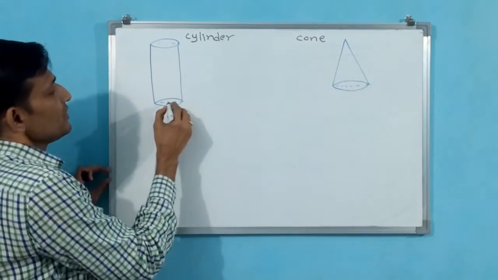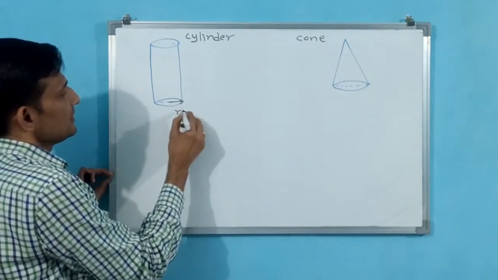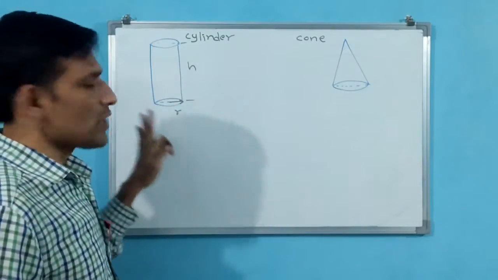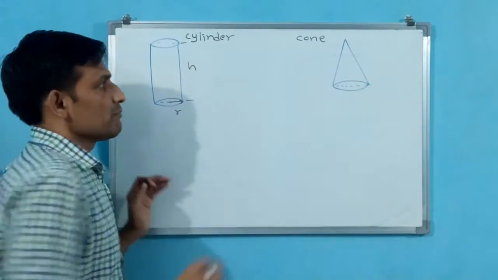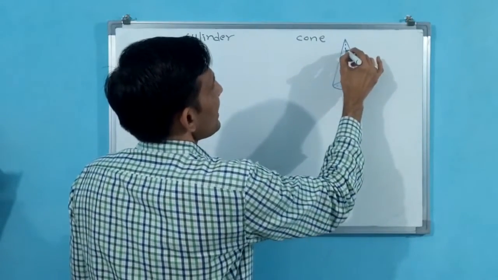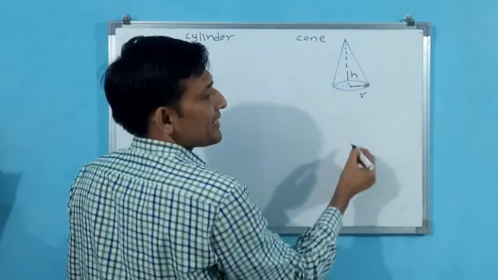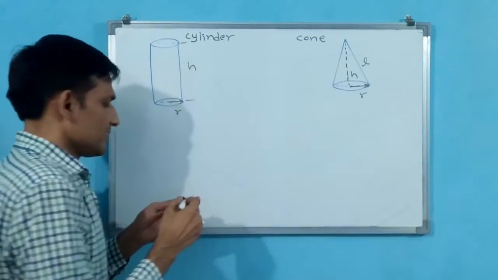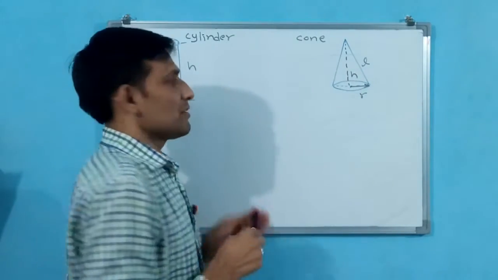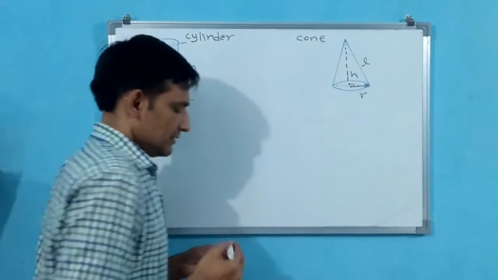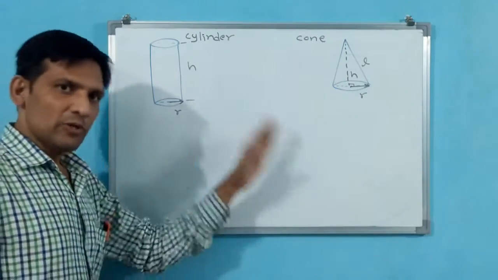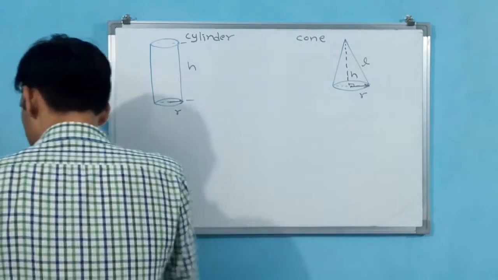Here you observe the cylinder has radius and height. Only these two dimensions they are going to give, height and radius. But the cone has radius, height, and slant height. Then what is h? H is the perpendicular height, because it is perpendicular to the radius, at a right angle.